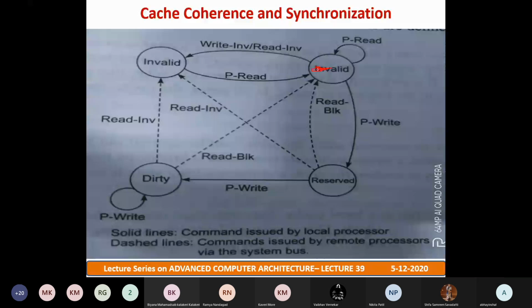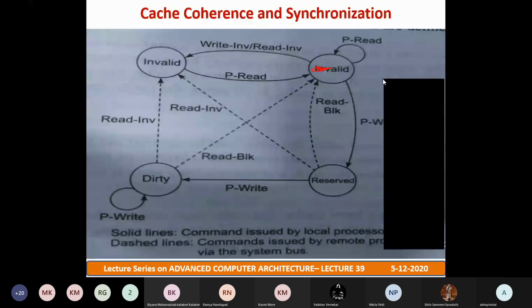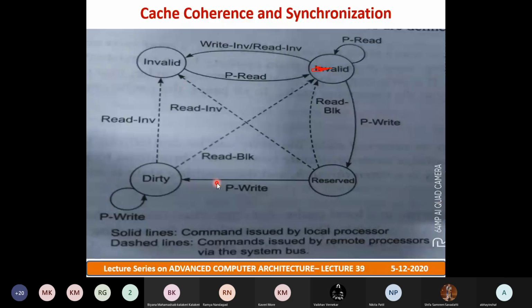Please save this. So when it is in dirty, when the entire block is read, it will move from dirty to valid state. But if there is an operation called read-invalidate by another processor, it will move from dirty to invalid. And when it is in invalid state, if it is going to read the copy, then from invalid it will move to valid state.